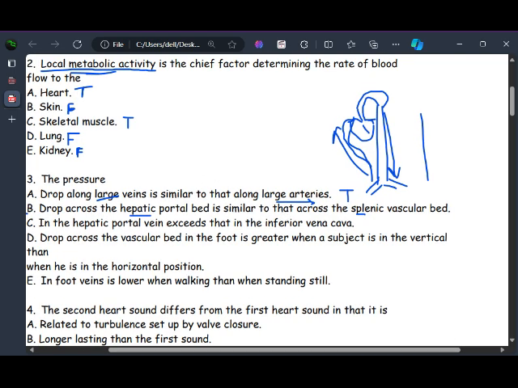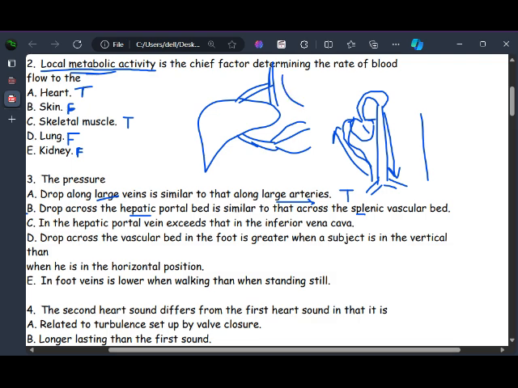For blood to flow in that manner, there has to be a pressure drop. That means one of these vessels has to be non-resistant. It doesn't have to be very resistant, because if it is, blood is not going to flow. Say we have splenic capillaries leading into the hepatic veins, going into the liver, then the hepatic vein joining the inferior vena cava.